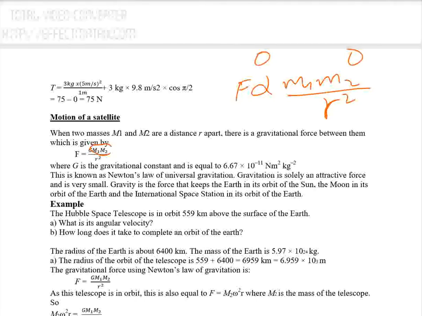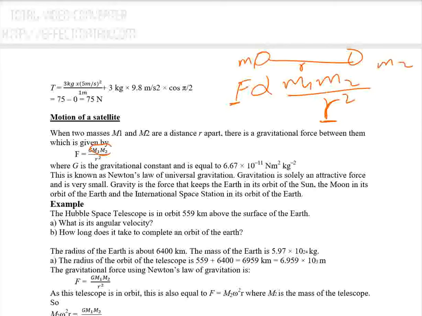That means we have two masses, m1 and m2. Between these two, there is what? A separation distance r. Therefore, the product of the two masses has a direct relation with the force, and it has an inverse square relationship with the separation distance.